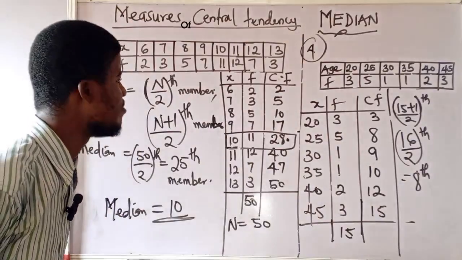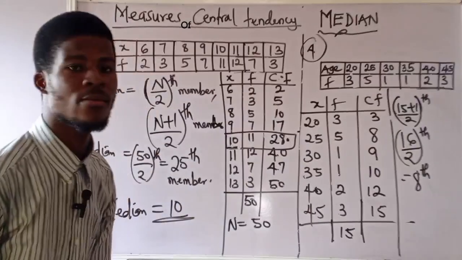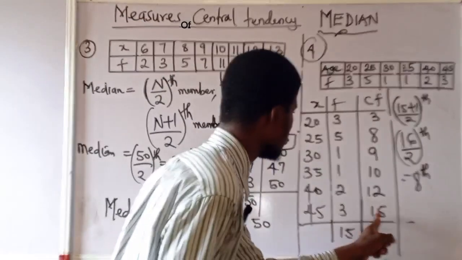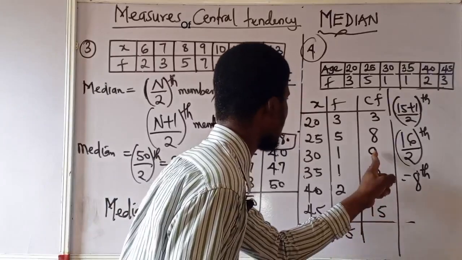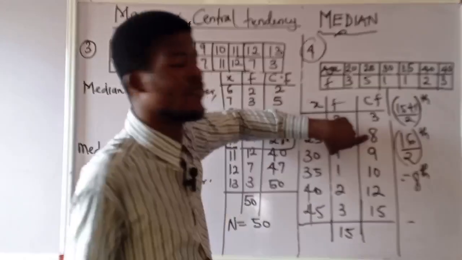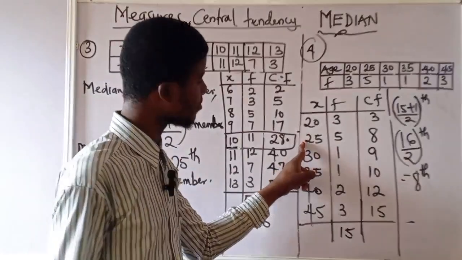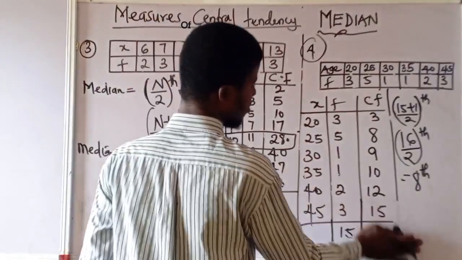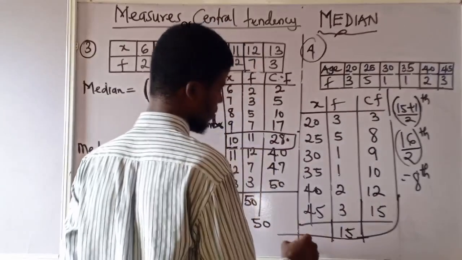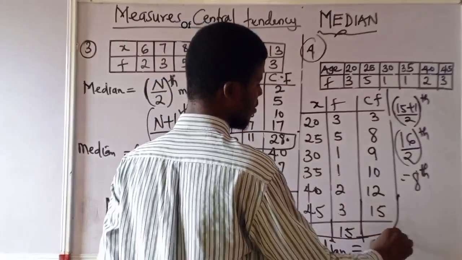So where is the 8th member found? I can see it here. 8 is inside all of these numbers except 3. This is the lowest number where 8 is found. It means that the median is 25. So the median of this data is 25.